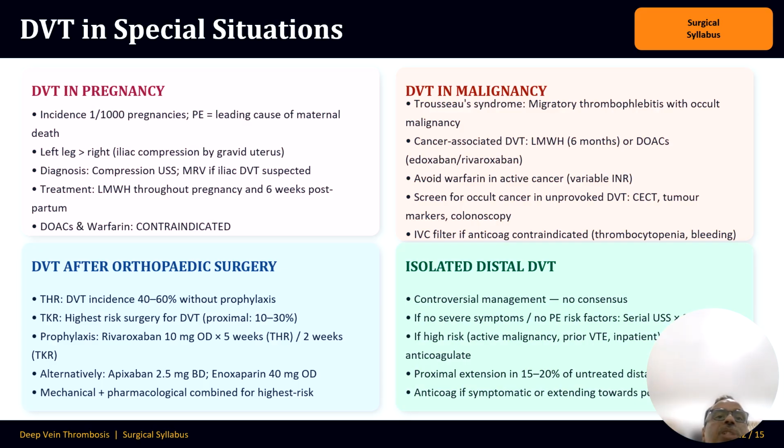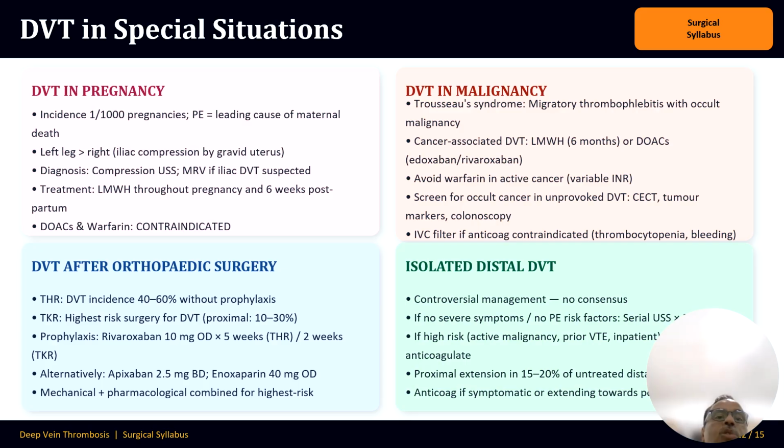Deep vein thrombosis after orthopedic surgery, for THR, DVT incidence is almost 40 to 60%, total hip replacement. And for TKR, total knee replacement, highest risk surgery for DVT. Prophylaxis always should be given with DOAC. So rivaroxaban 10 milligram OD for 5 weeks in THR or for 2 weeks in TKR should be given.